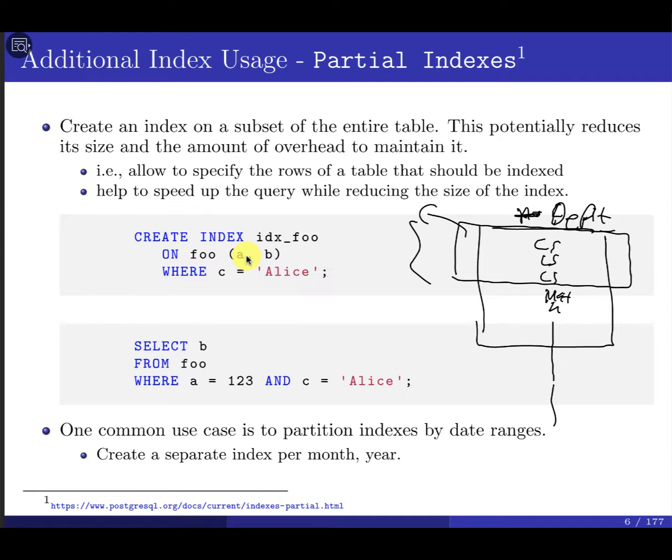And this is only the portion of the data that I'm interested in. So you can build one for each month from January to December. So I have 12 indexes, and based on the data that you're looking for, the system can know which index to use in order to expedite access to the data. And this is great because the size is going to be much smaller.